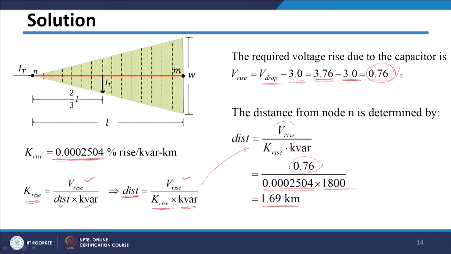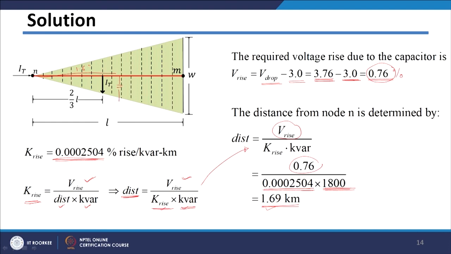So, the raise which we want by this capacitor is 0.76%, the K rise factor is given, and the capacitor which I have is 1800 kVAr. If you calculate that, it gives the distance as 1.69 kilometer, which means we need to put the capacitor at a distance of 1.69 kilometer.